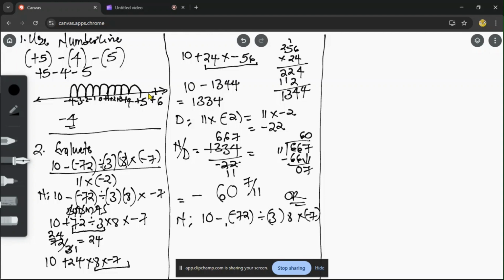If I open this, the division here together with that, I will have 10 minus this minus, and if I take 72, this one is 24, so it's like 72. I am dividing by 24, which will give me 3. So this will be negative 3. Then I am multiplying by minus 7.